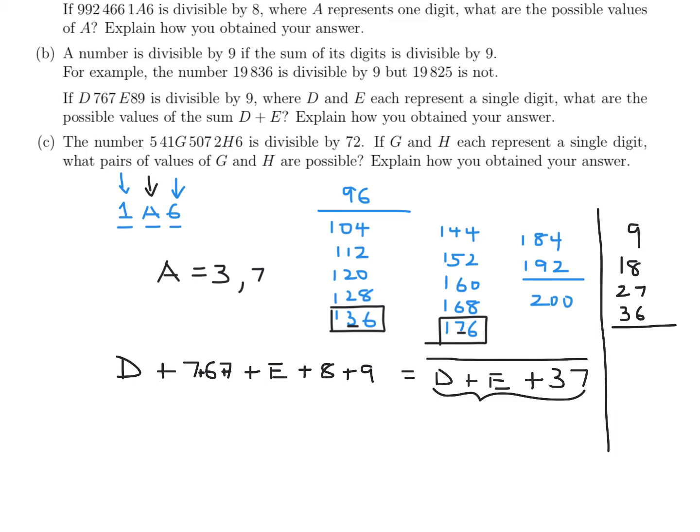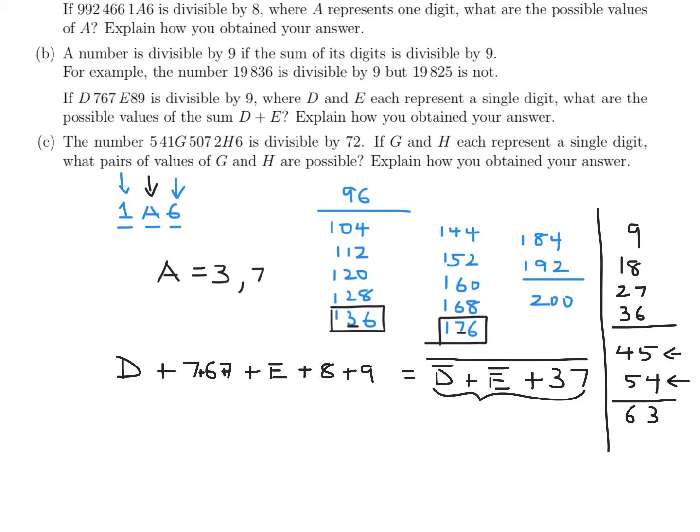So let's see what happens then. 45, 54, 63, and so on. But even if these two were both 9s, the maximum you can get for that sum would be 9 plus 9 plus 37, which is 55, right? So we don't need to go beyond 55. So the only ones we really need to look at is 45 and 54.